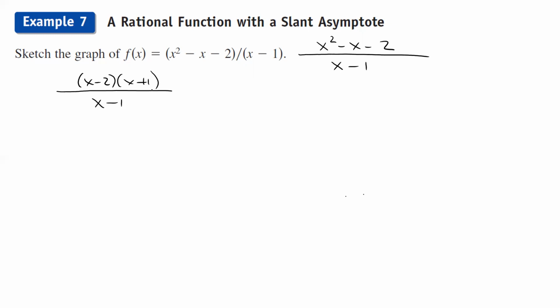So let's go with it here. Number 1, y-intercept. So x is 0, and all of that goes away, leaving 2. So right over here, how about (0, 2)?